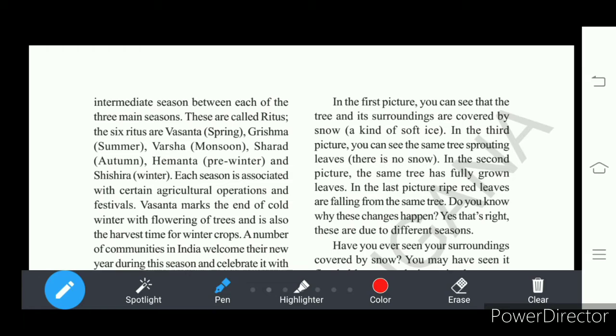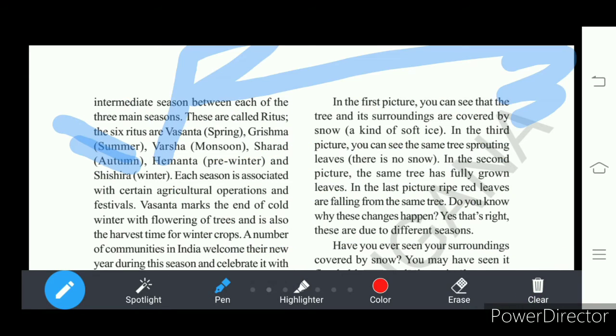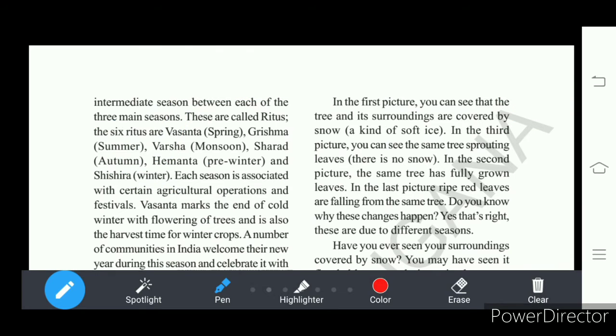Then pre-winter, before winter, there will be slight changes throughout the world, especially in India. That is called Hemanta Rutu. And next it comes Shishira, that is winter. They are the words used here, in Sanskrit.